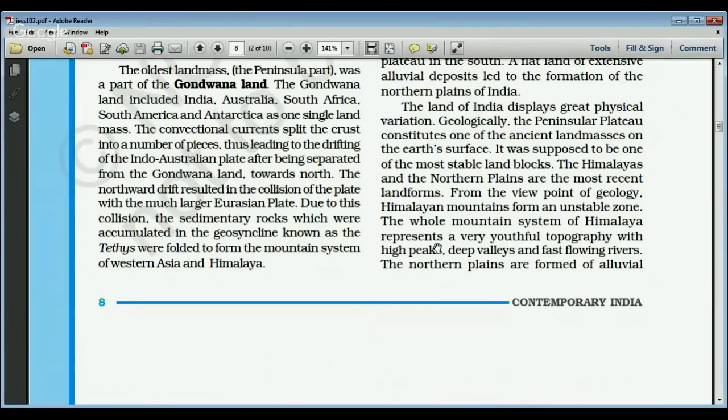The Himalayas and the northern plains are the most recent landforms. Geologically, the oldest part of India is the peninsular part, and the youngest part is the Himalaya and the northern plains. So the northern plains and the Himalaya are the youngest, and the oldest is the Deccan Plateau.